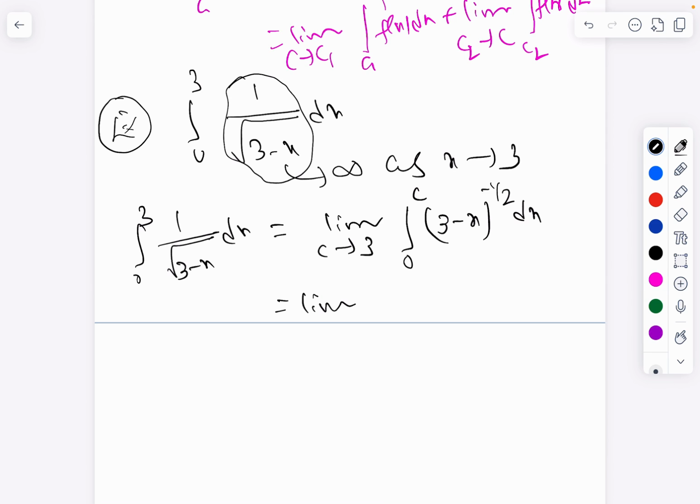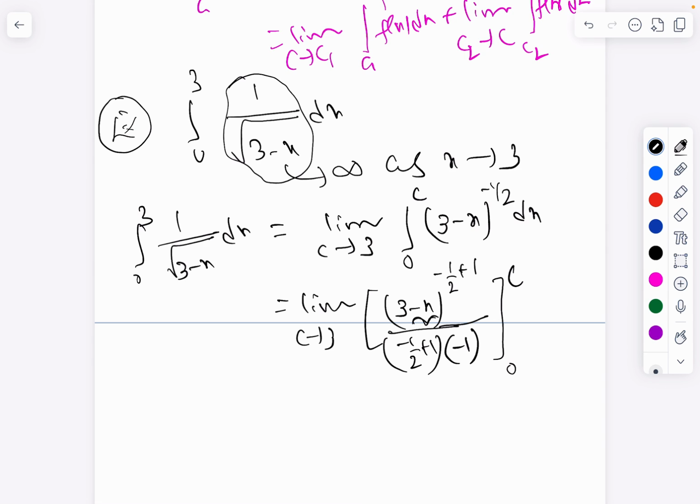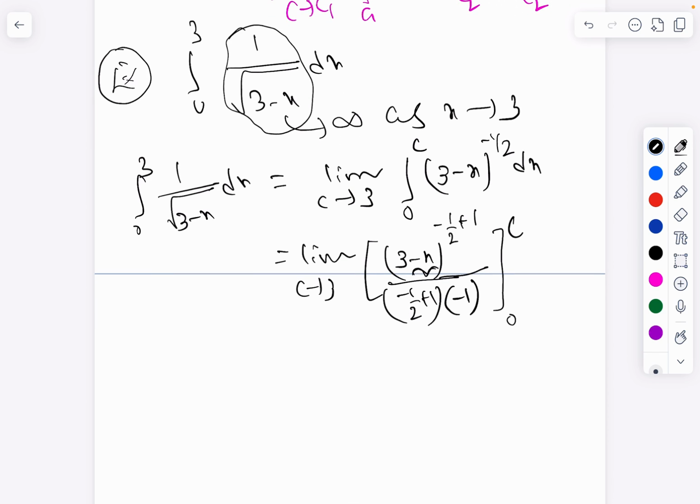Now the integration of 3 minus x power minus half is 3 minus x power minus half plus 1, over minus half plus 1, and a negative sign for the 3 minus x, so that is minus 1, from 0 to c. This is total 1 by 2 and the negative sign, so it is equal to minus 2 times limit c tends to 3 of 3 minus x power 1 by 2.